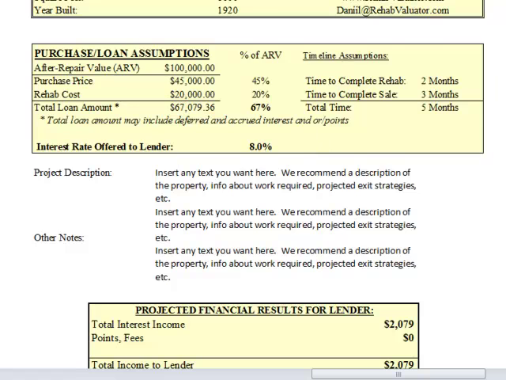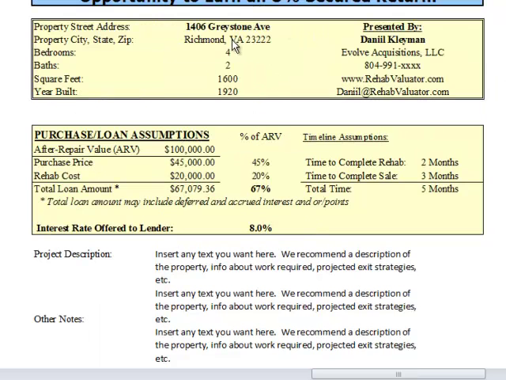But basically, you're showing them right here very quickly property information, your contact information, after repair value of the deal, purchase price, rehab cost. This is the total loan amount, and this loan amount will be your purchase price plus your rehab cost plus the interest rate that you're not paying them during the project that you will pay them on the back end.